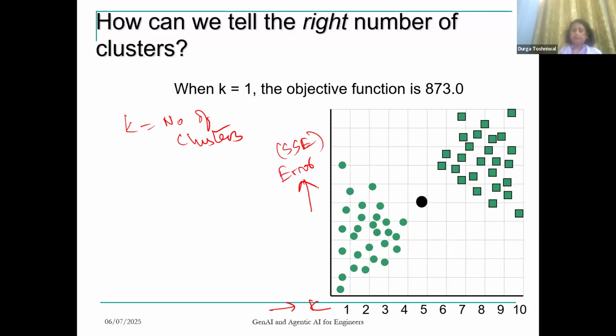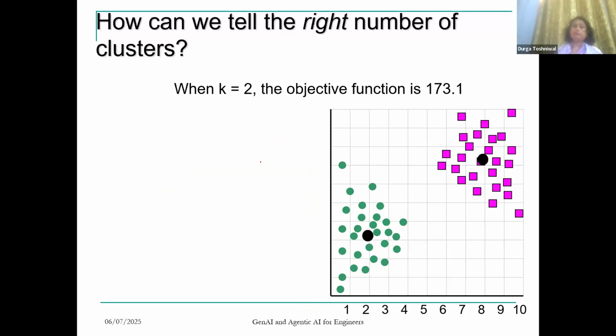And we keep varying the value of K, that is the number of clusters, and finding out this value. Say, for example, when we had K equal to 1, the objective function came out to be some value, let's say 873. In this case, all the points are assigned to one single cluster, so we have one cluster, all of it shown in green color. So this is the first case.